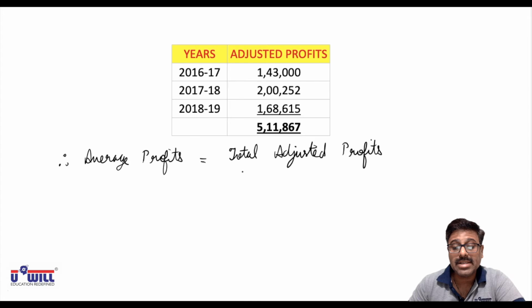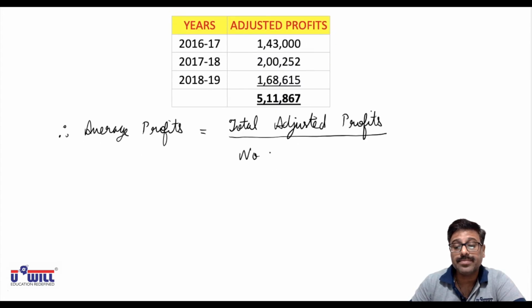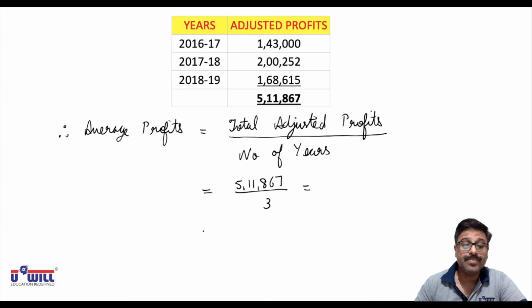Total adjusted profits are 511,867 divided by number of years, which is 3. So 511,867 divided by 3 comes to 170,622.